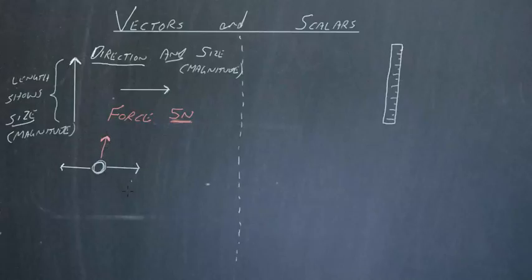A couple of other examples of vectors would be velocity. Velocity has both a size and a direction. Also acceleration is another common one. Some less common ones, though certainly one that you'll be coming across, is momentum.